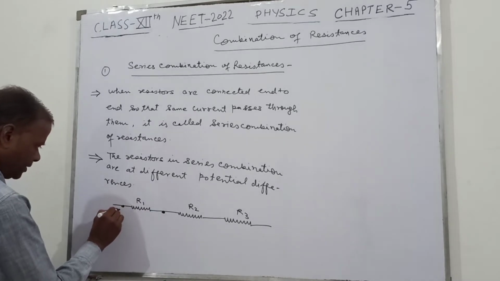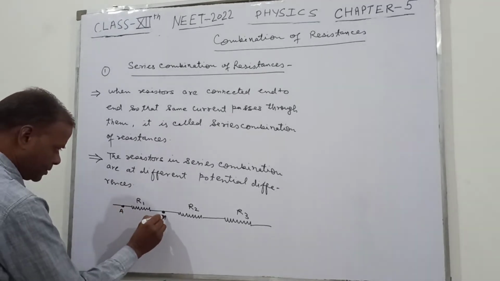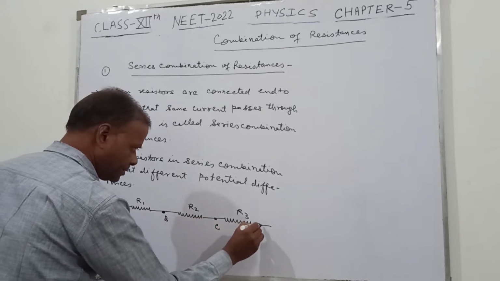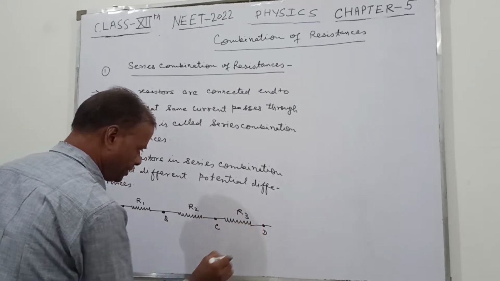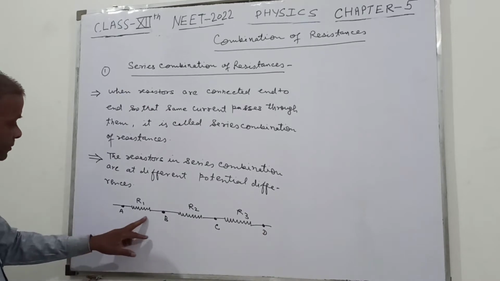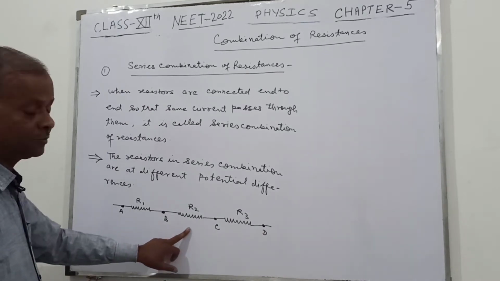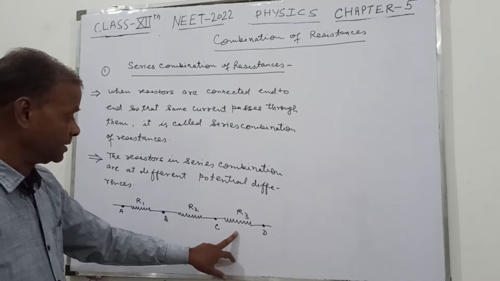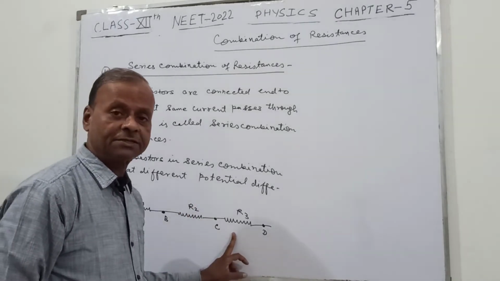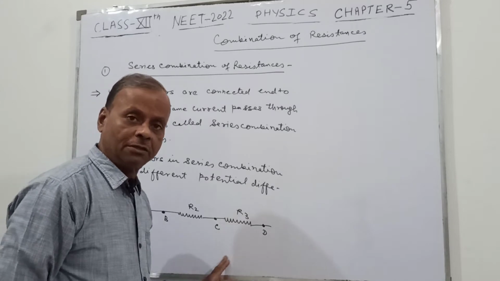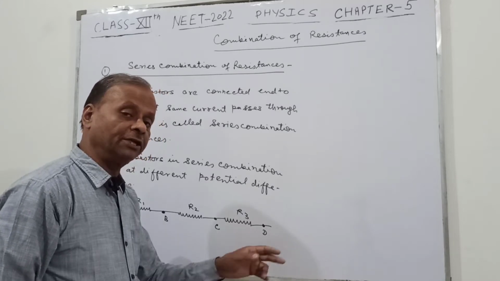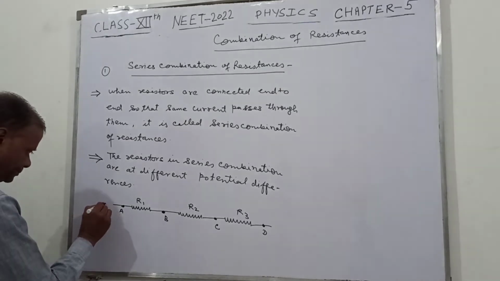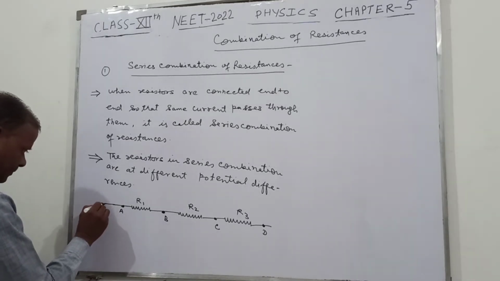This is point A, this is point B, this is point C, and this is point D. So one end of the resistor is connected to the other end of the second resistor, and the second end of the second resistor is connected to the first end of the third resistor. So this connection is continued, and let the current through them be I.